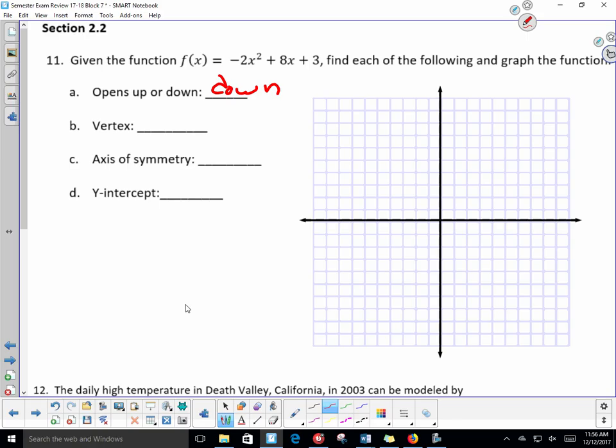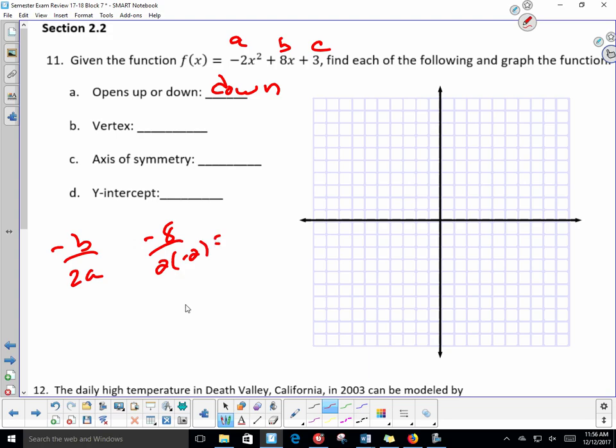Thank you. Next thing I'm going to do to sketch this, I'm going to find the vertex. And there was a formula that we learned to find the vertex. Tara, do you remember that formula? Anyone remember that formula? Go ahead, Alec. Yeah, we did negative b over 2a. And just to refresh you, the a would be the negative 2, the b would be the positive 8, the c would be 3. So in this case, I'm going to do negative 8 over 2 times negative 2, and I get what?